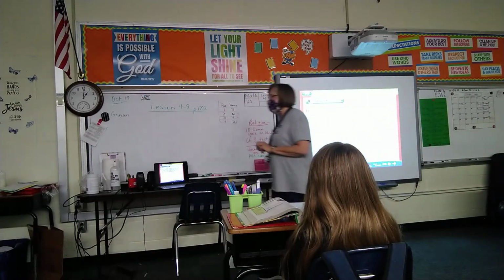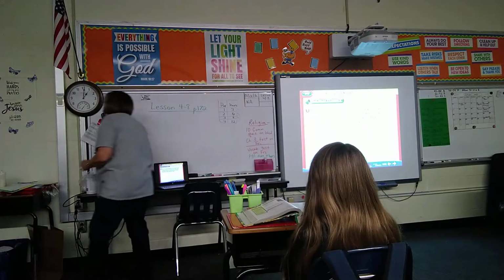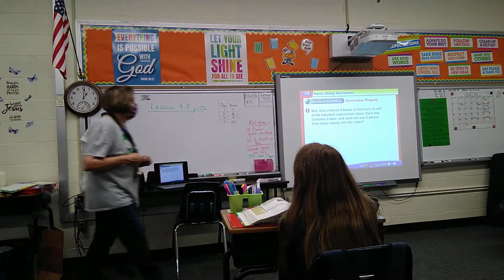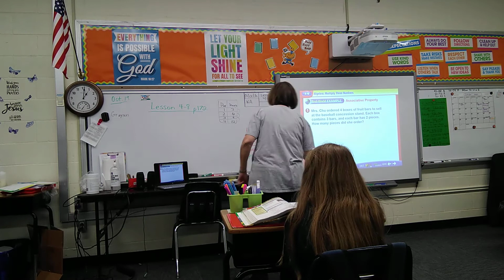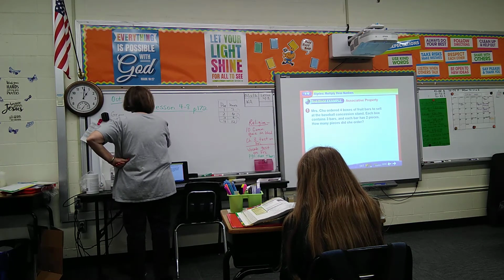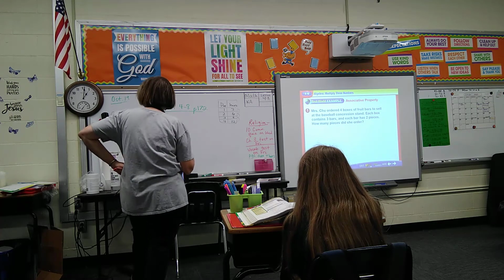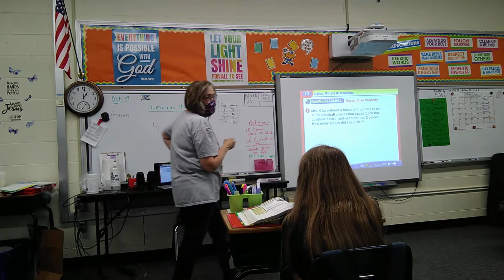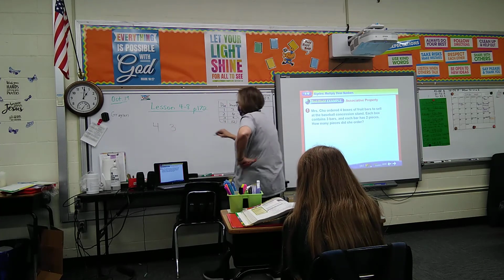What are my factors? Jaden, what are my factors? How many boxes of fruit bars? 4. And each box contains how many bars? 3. And each bar contains how many pieces, Jaden? 2.